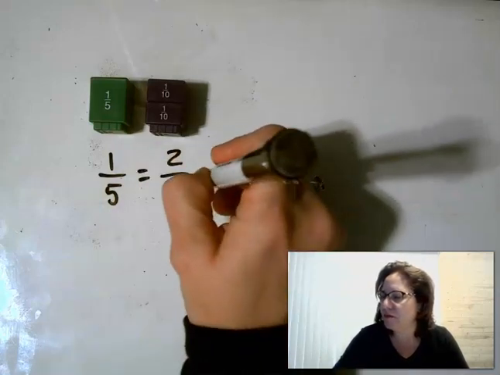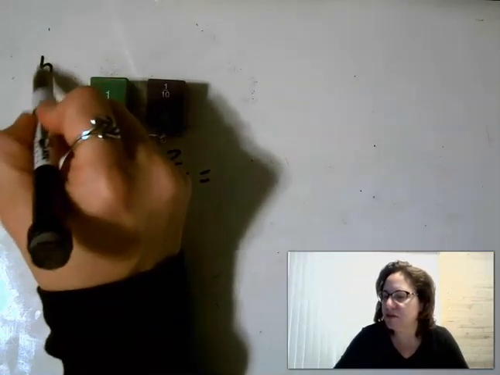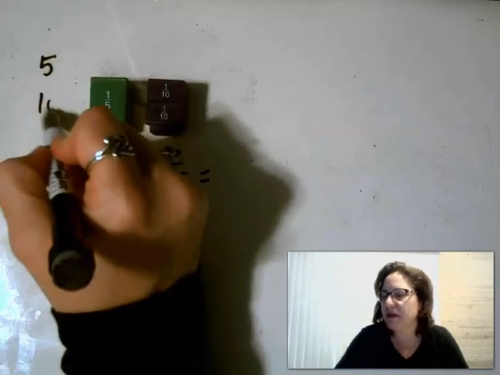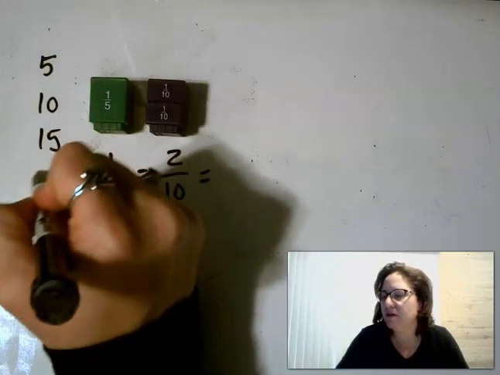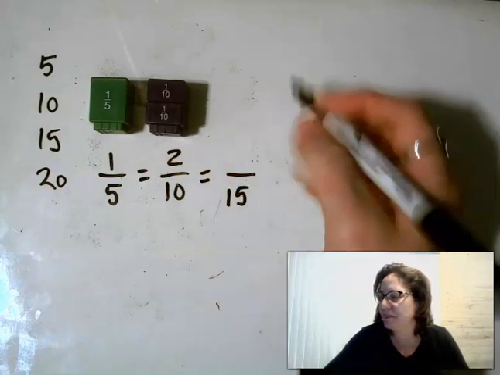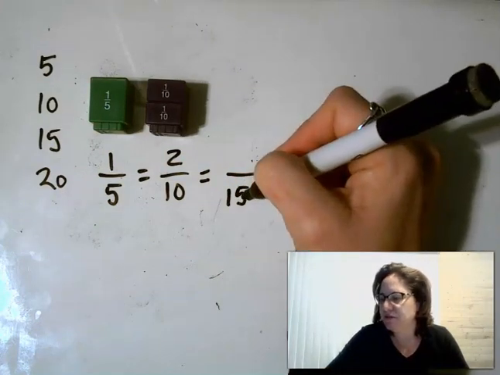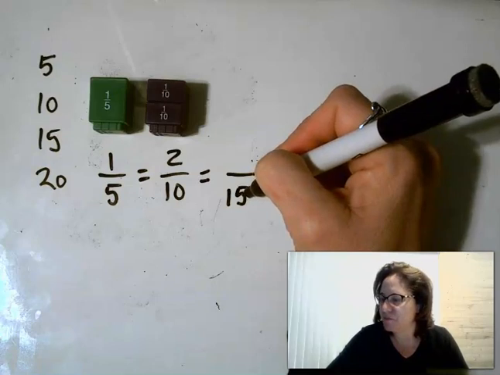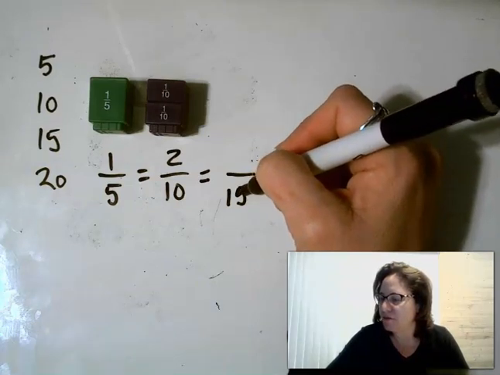Okay. Look, notice these multiples. 5, 10, 15, 20. What if we had a denominator of 15? What goes into 15 5 times?